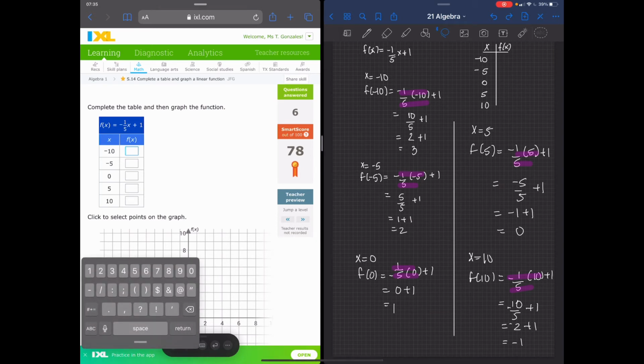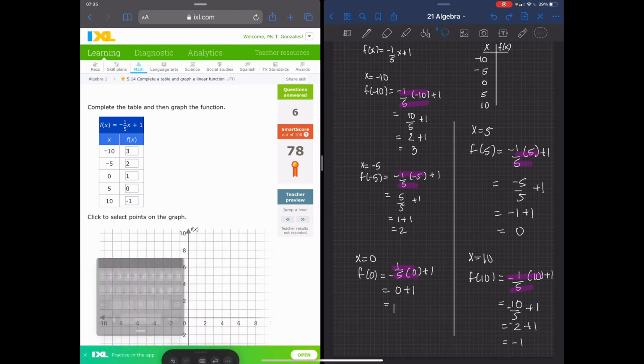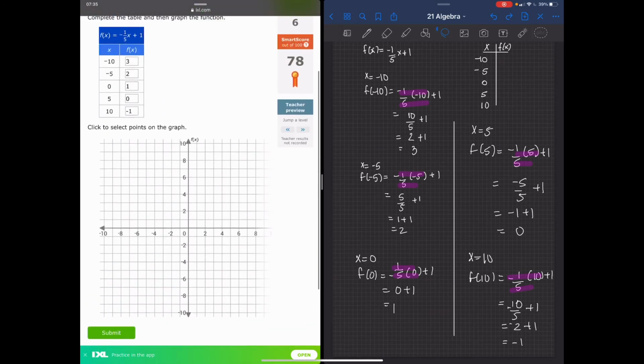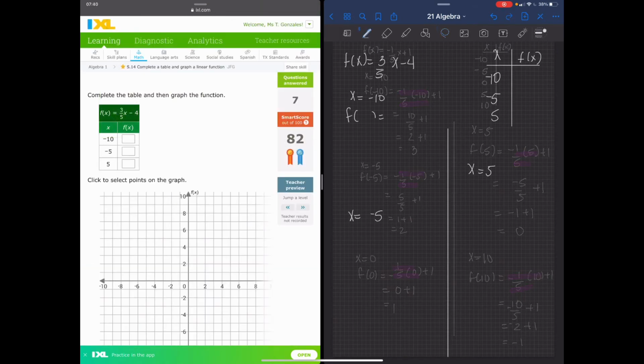So I get 3, 2, 1, 0, negative 1. And then when I graph it, (-10, 3), (-5, 2), submit. f of x equals 3/5 x minus 4.